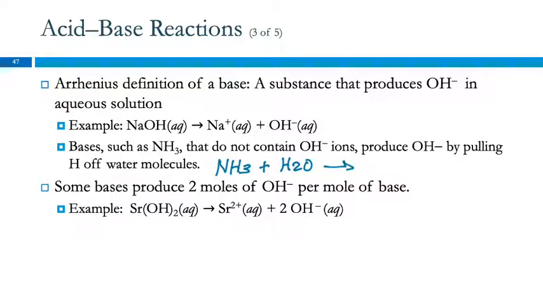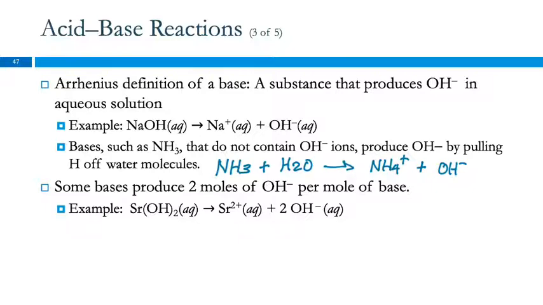What happens is the water is going to lose one of its hydrogens, and we're going to form ammonium ion and hydroxide ion. So the ammonia pulls a hydrogen ion off of a water molecule, and so the result is we have produced hydroxide ions, and so therefore ammonia is a base. It is a weak base.